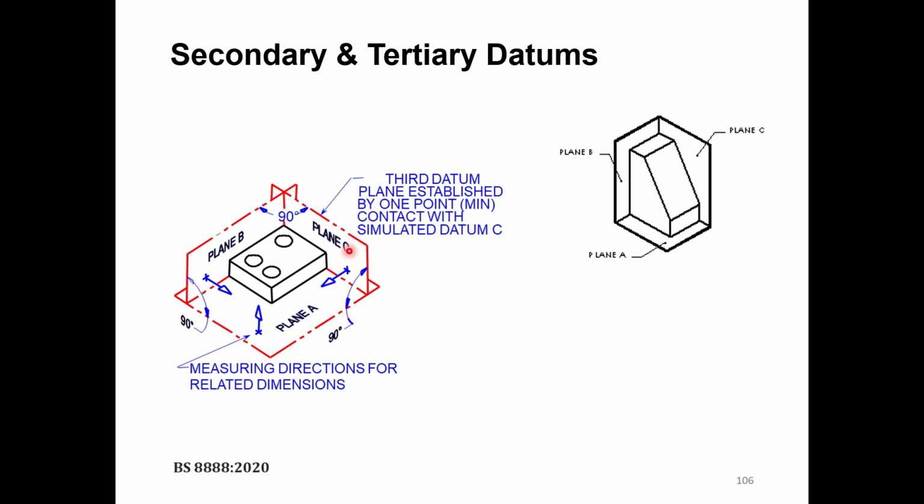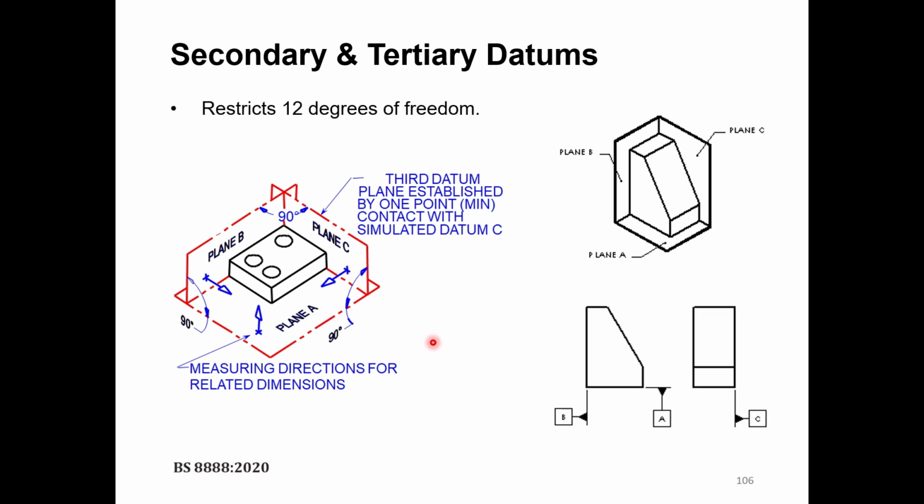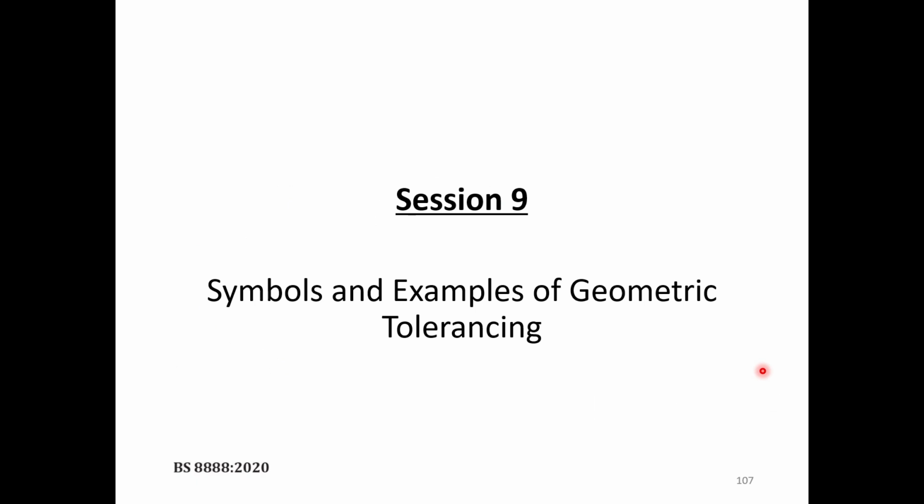So we'll have to have one more datum C, which is perpendicular to both B and A, as you see here, 90 degrees to both. So you can start locating other features using datum C as well.